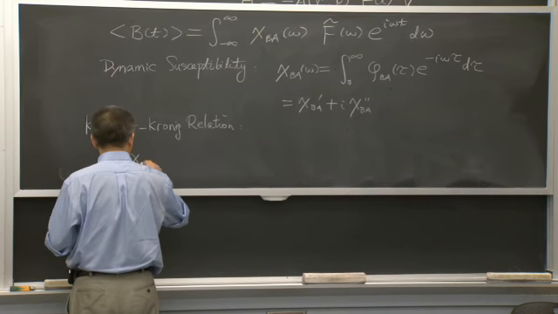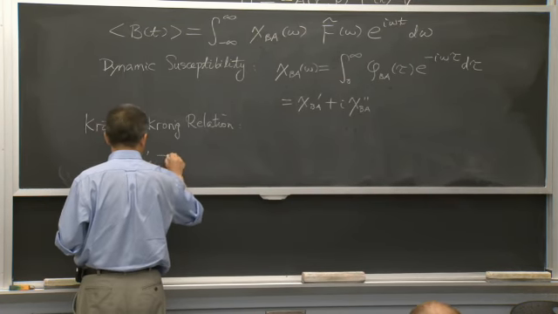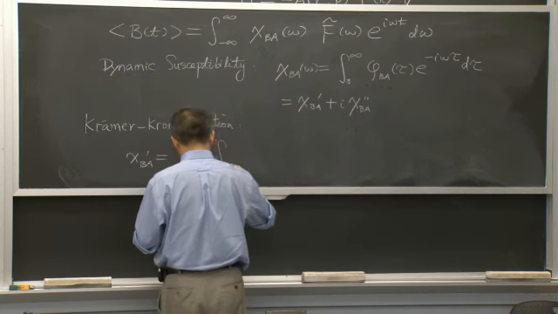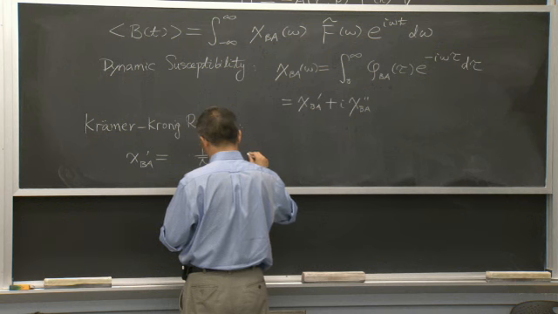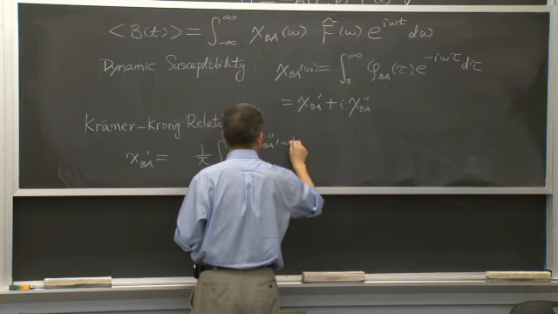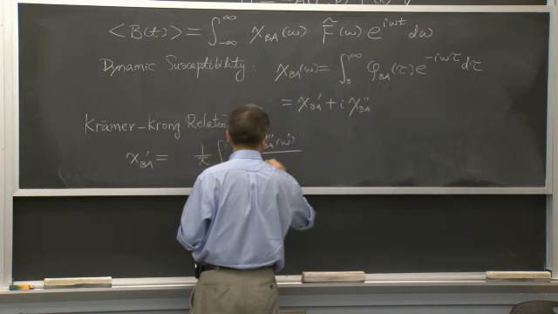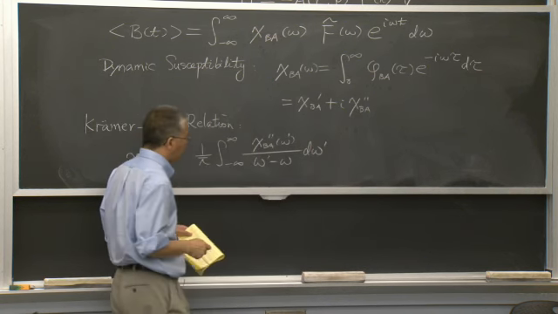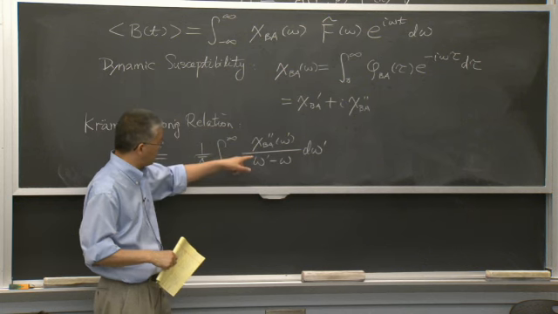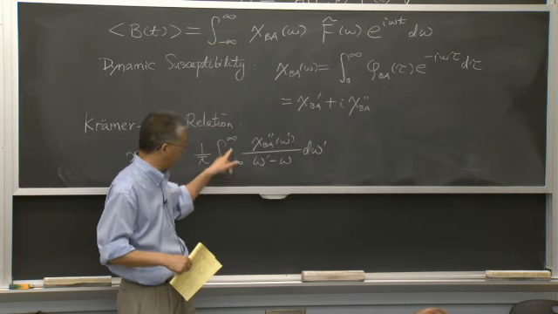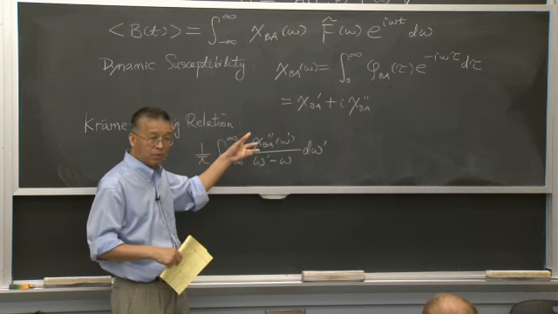And so the real part, for example, can be calculated from an imaginary part, integrated from minus infinity to plus infinity, of the imaginary part at omega prime over omega prime minus omega, d omega prime. The problem of this integration is that when omega prime equals omega, because I'm integrating from minus infinity to plus infinity, this blows up.